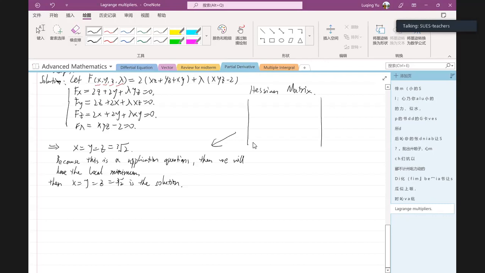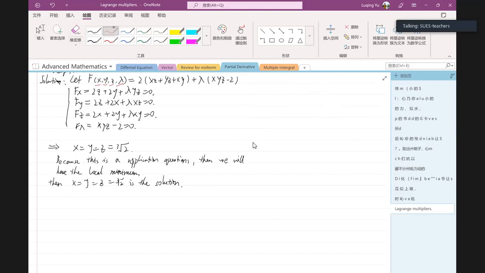So what do we have? fxx, fxy, fxz, and fx lambda, then fyx, fzx, lambda x, and so on. But this is not required in our class, so just skip this Hessian matrix. This is too complicated. We're just saying, okay, because this is an application question, then we will have the local minimum. That's enough.